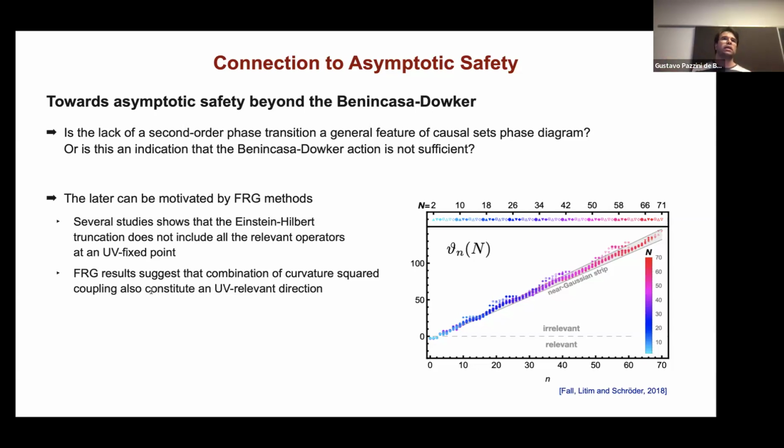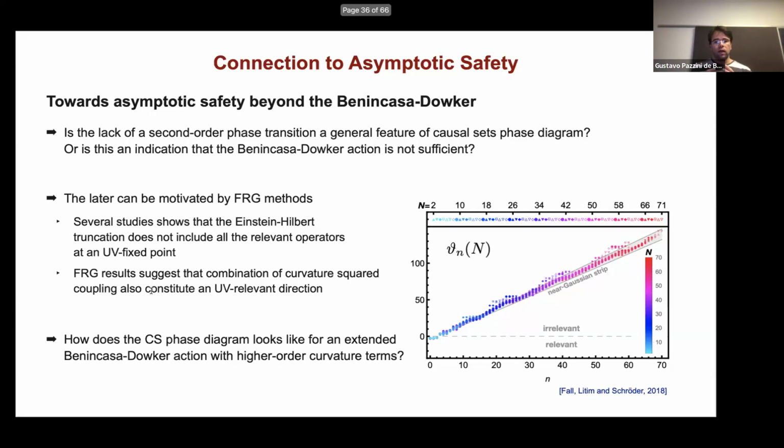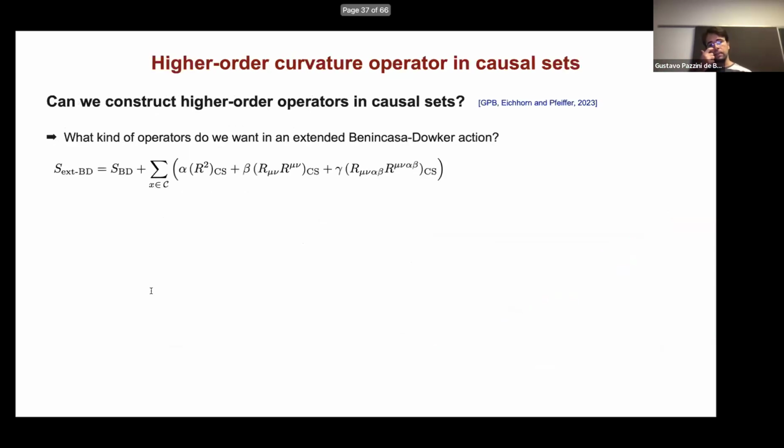All the results in this direction point towards the idea that we need to include some combination of curvature square operators in order to include all relevant operators at a UV fixed point. So the natural first question is, is it possible to introduce such higher order operators in a causal set action? And if so, what does the causal set phase diagram look like if you extend the Benincasa-Dowker action to include higher order operators?